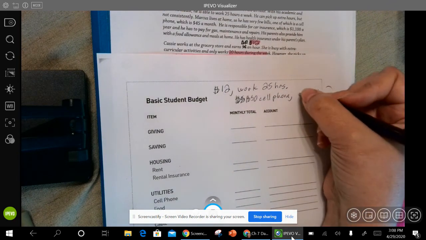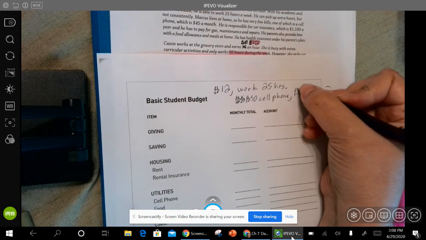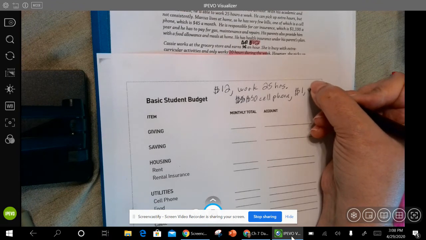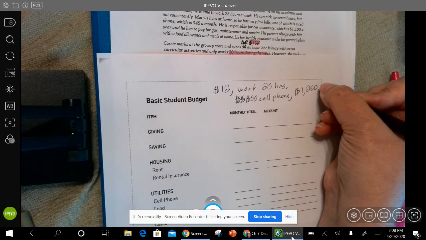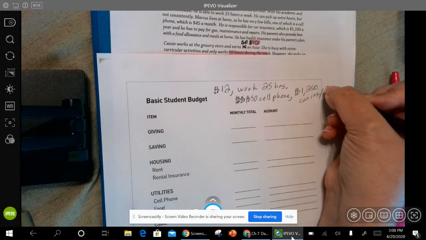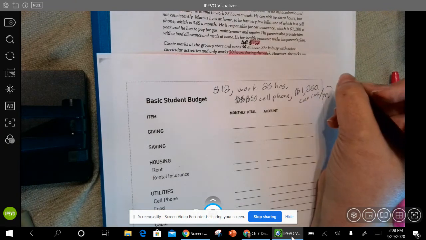They do have to pay for their own car. And they have to pay about $1,250 for car insurance. That's for the year.